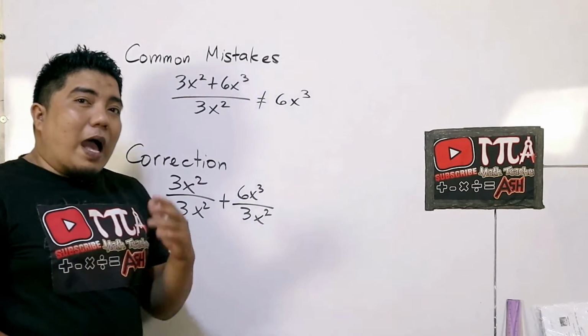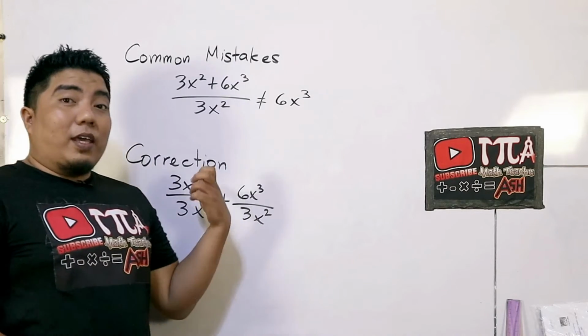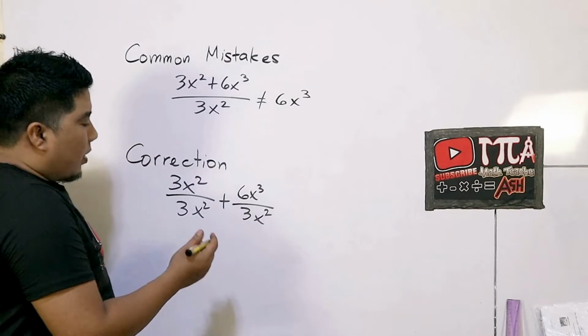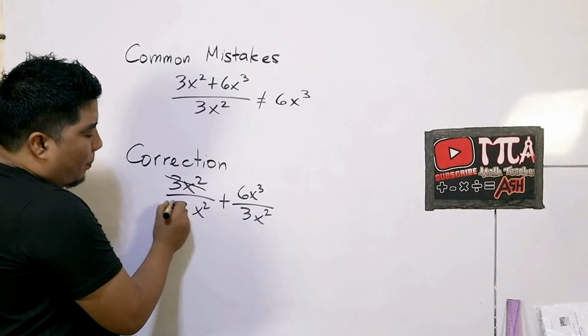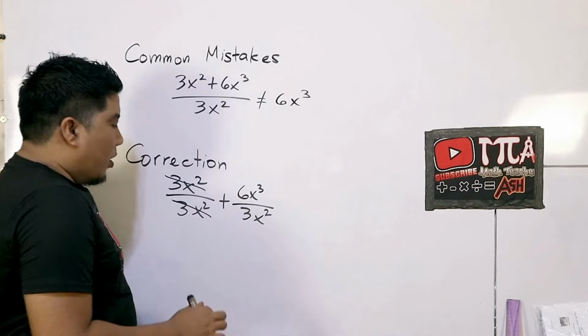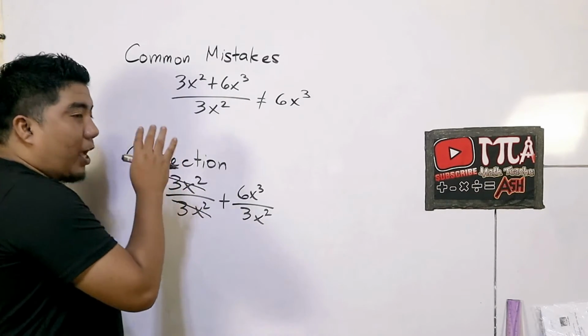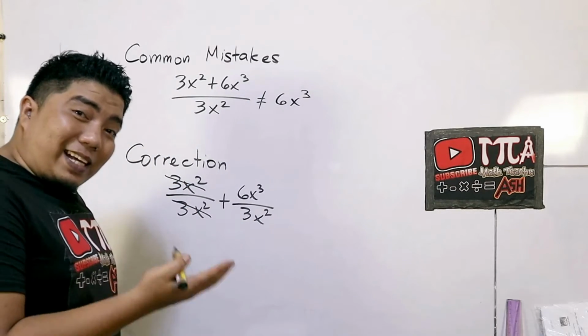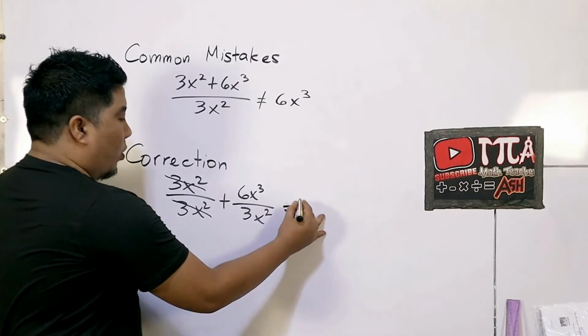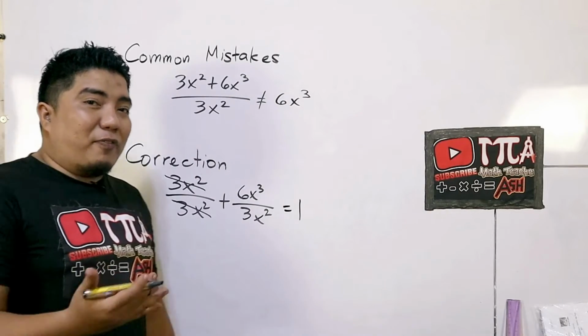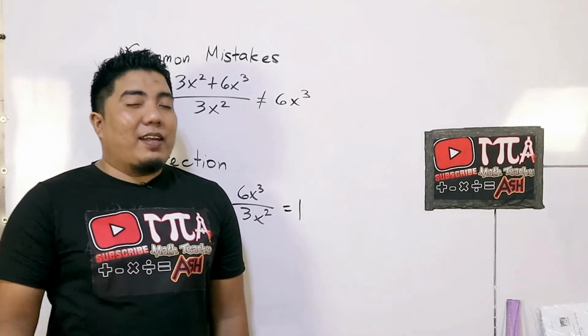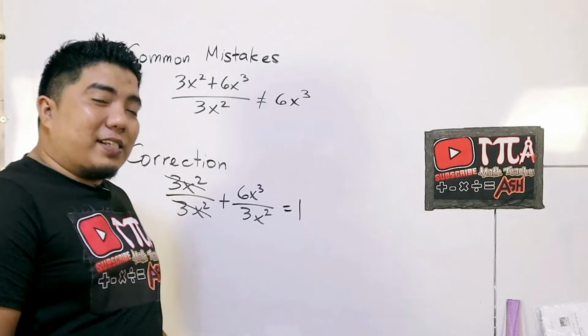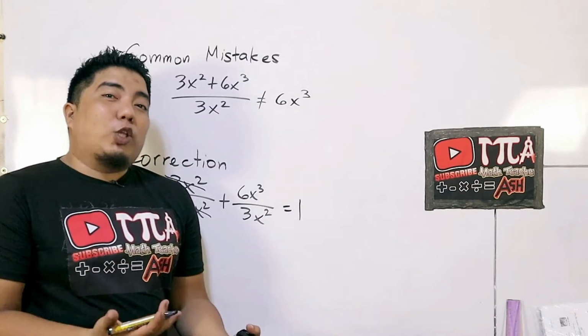Okay? So now, how do we simplify or solve for this one? Now, this is the time that you can cancel them. Right? If you divide a numerator and a denominator that are identical, that is equal to 1. Example, 5 over 5, 10 over 10, negative 6 over negative 6, that is equal to 1.